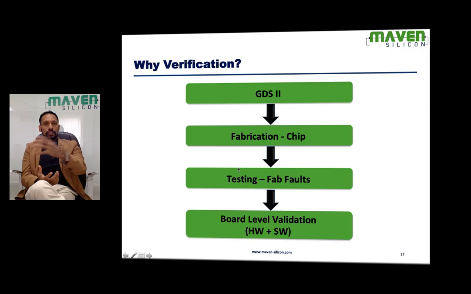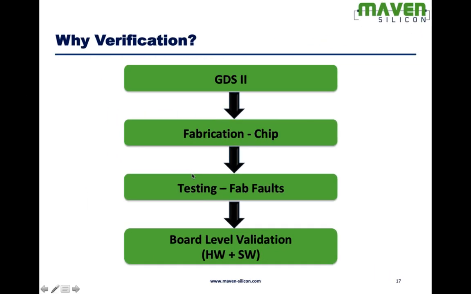That's where we check how the chip has been fabricated. Once we confirm that there are no fabrication faults, we use the chip to create the final PCB. And we run software on the PCB and check whether the entire system works fine. This is called board level validation.